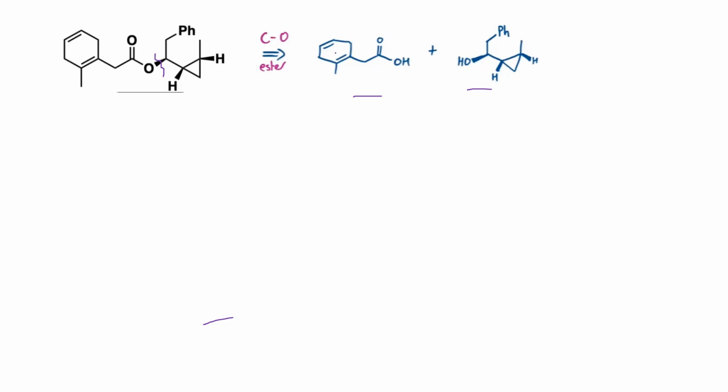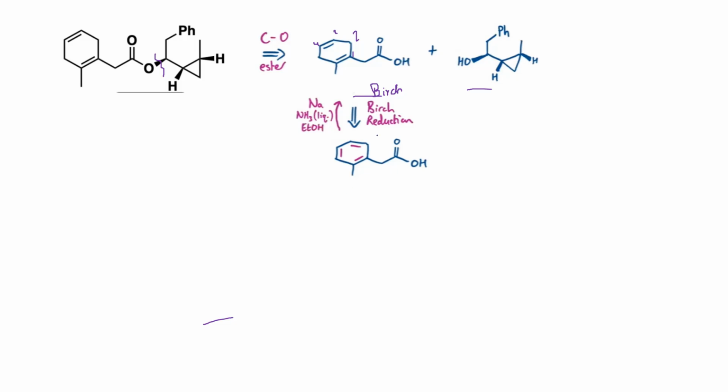Now if you look, this alcohol is a 1,4-diene. So that can be formed through Birch reduction.